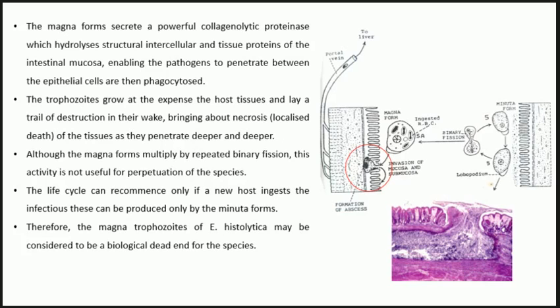Also, I should tell you one thing, that we have talked about the mitochondria. A small number of mitochondria is present. Why is it so? Because it is a total anaerobic condition when they are inside, and glycogen is present.